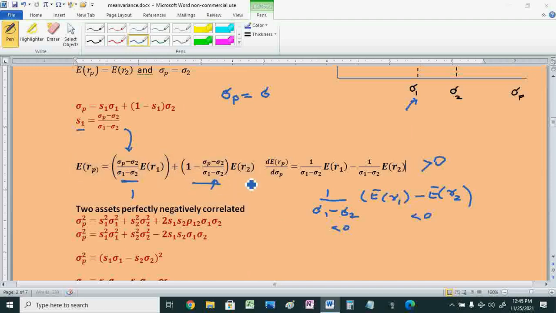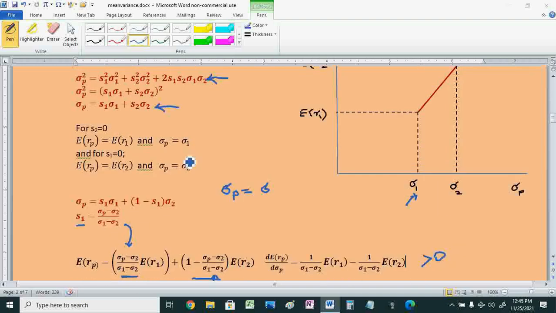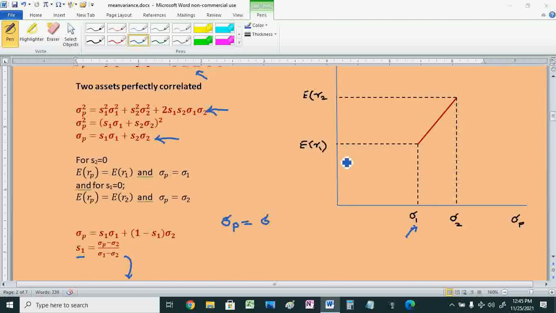This goes out, becomes equal to 0, and I get ERP equal to ER1, and so I have this point on this line, where this is like stating that I am allocating all of my savings in asset 1 only. Similarly, if I put S1 equal to 0, then this sigma p will become equal to sigma 2, and similarly this ERP will become equal to ER2, and so I'll be able to get this point.